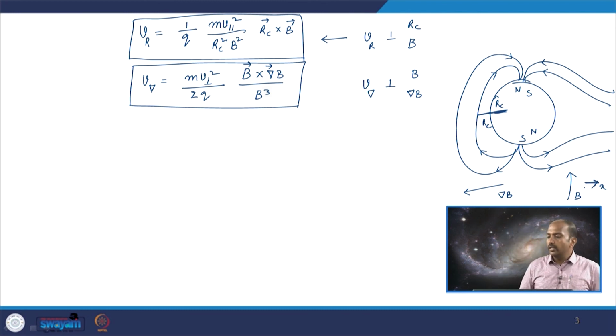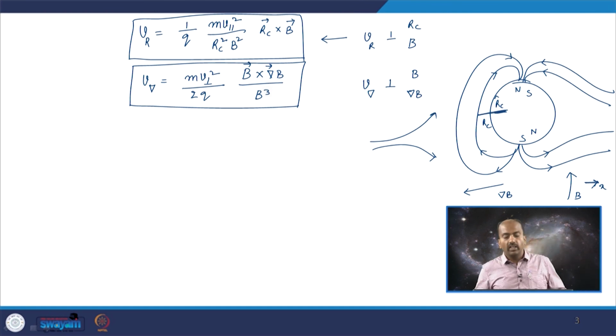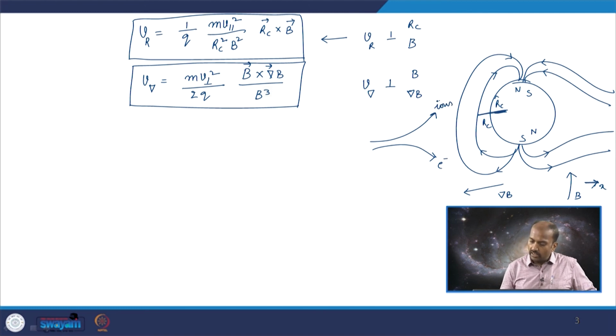So, that means when the plasma particles come, due to the gradient drift and the curvature drift, this will lead to charge separation. That means electrons will go in the positive x direction, and ions will go in the negative x direction. Now the earth is revolving from west to east, right.